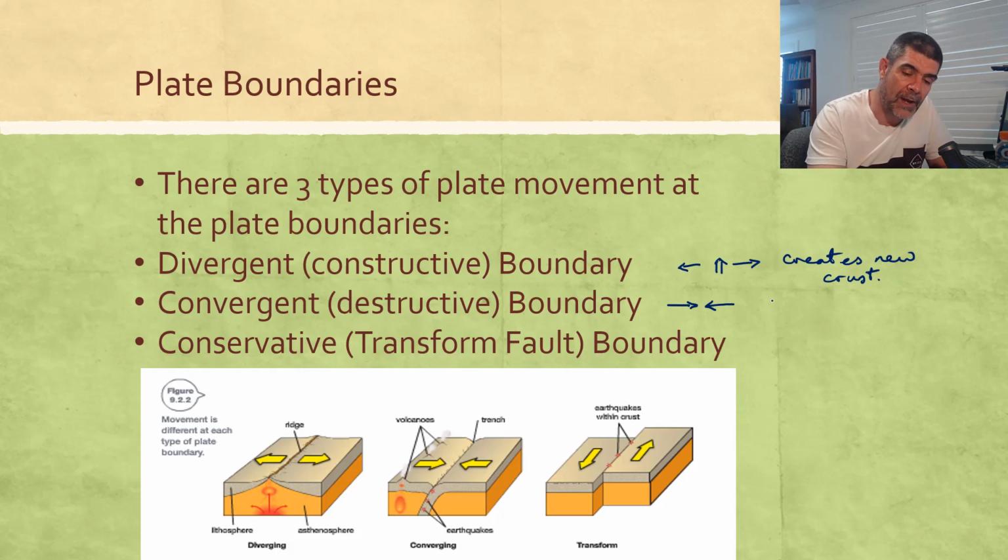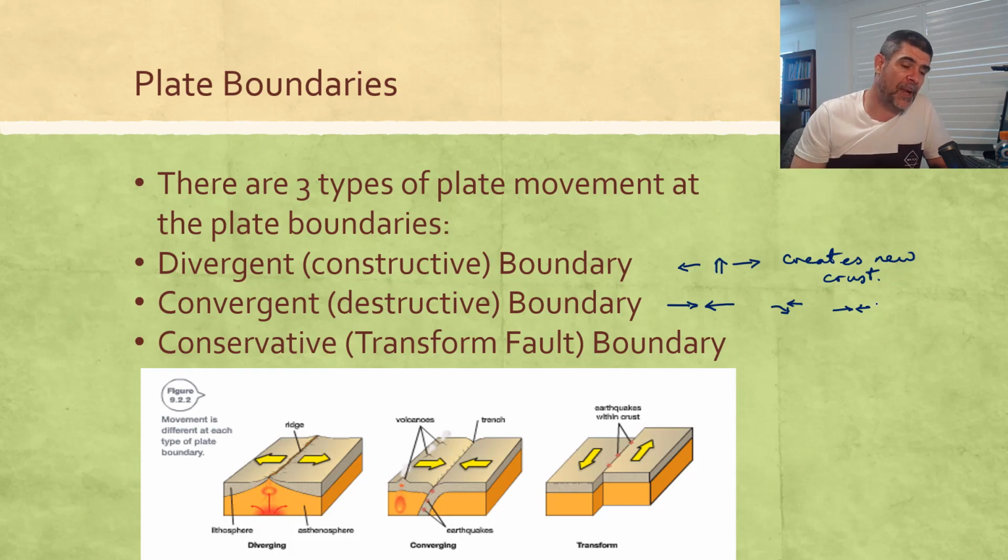But either one of these will flow over or under the other one, or they will crumple into each other and create fold mountains. So depending on whether the types of crust that are hitting each other are both the same, both oceanic, both continental, or whether you have one oceanic and one continental, is going to determine exactly what sort of destructive event is going to happen at this type of plate boundary.